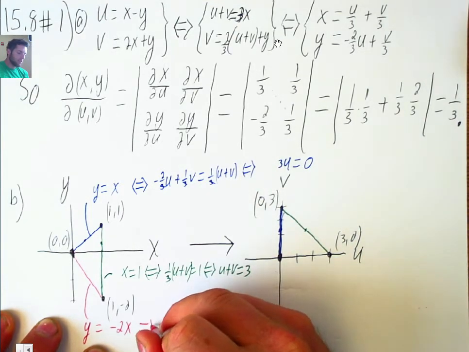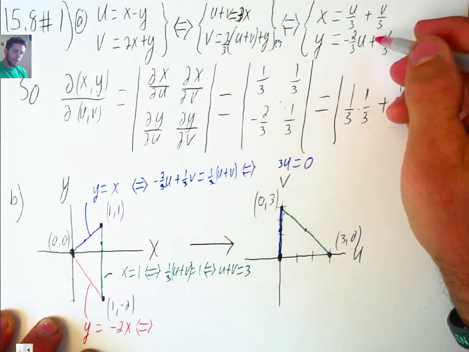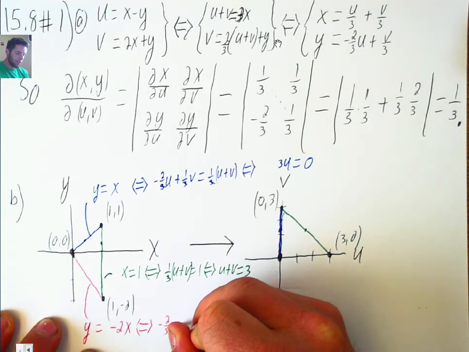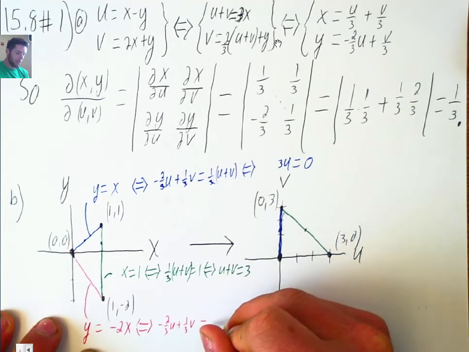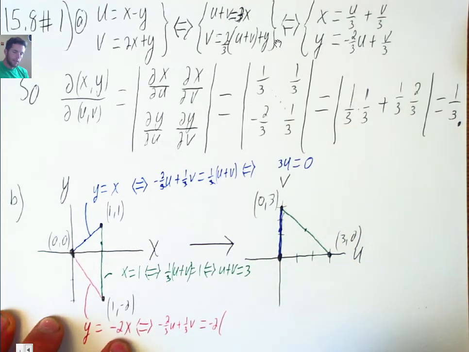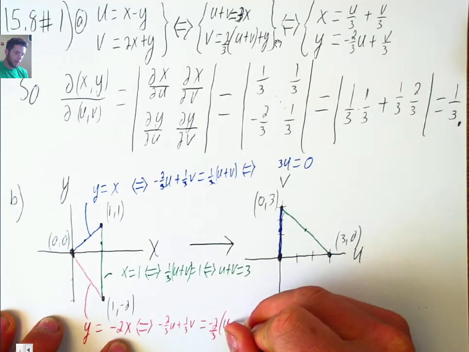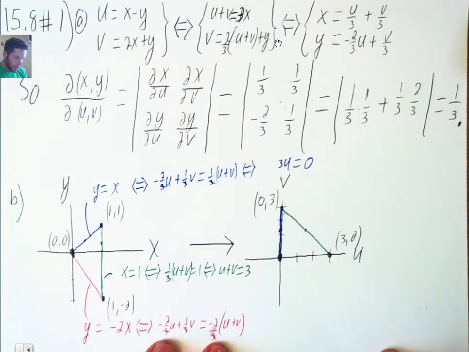And what does that look like in terms of u's and v's? y is -2/3 u plus 1/3 v, and x is 1/3 u plus v. I see that I can cancel the 3's, and -2u and -2u, looks like the u's are going to completely vanish.